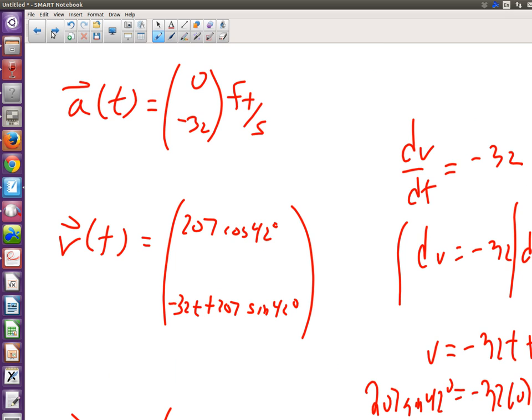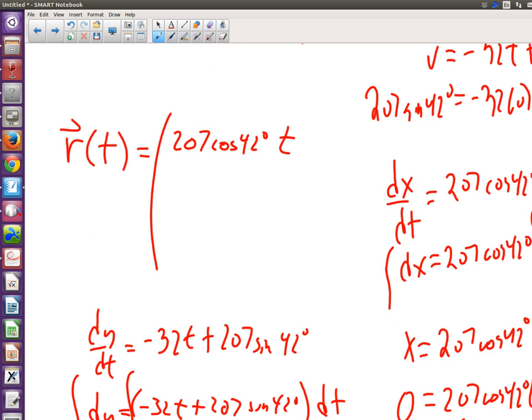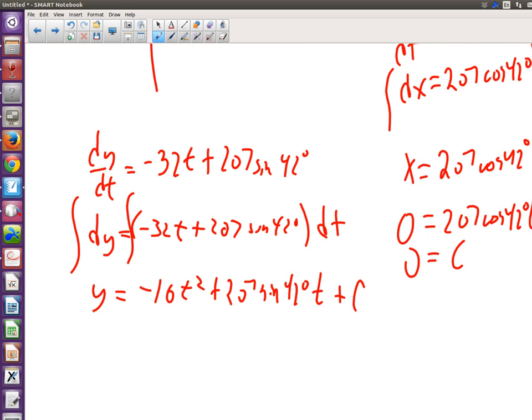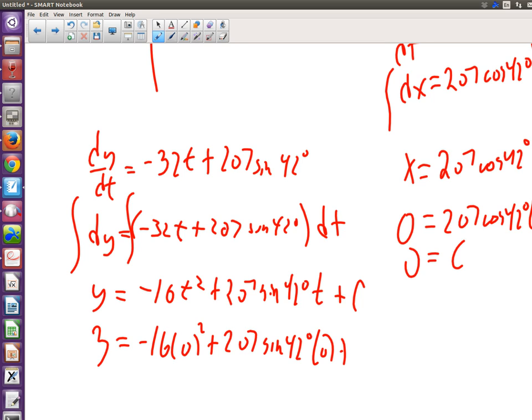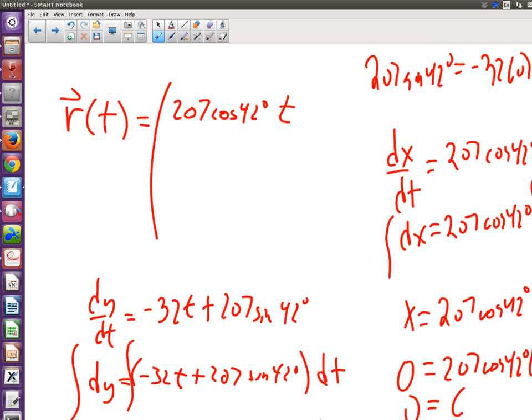So if you plug in 3 for y and 0 for t, C's got to be 3. So your answer is negative 16t squared plus 207 sine 42 t plus 3.